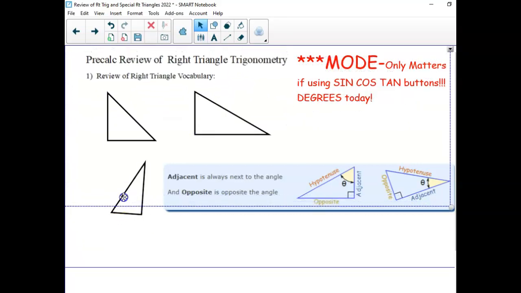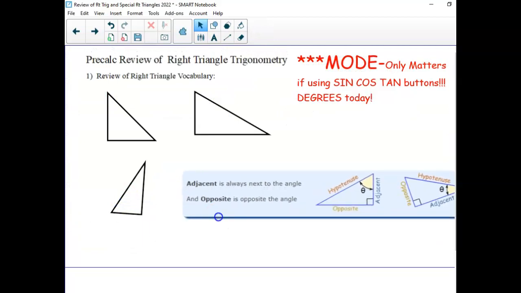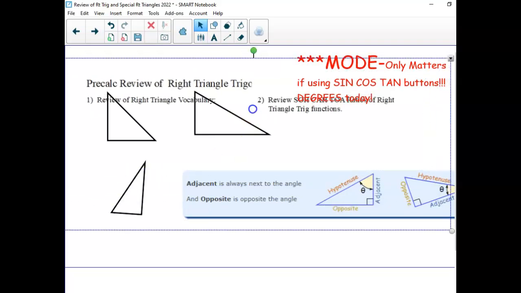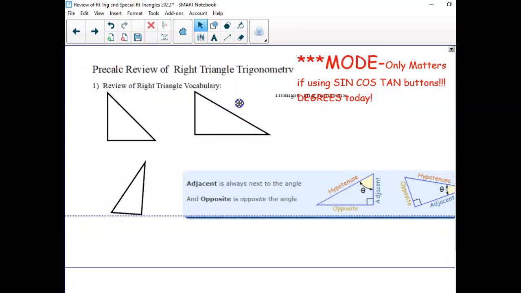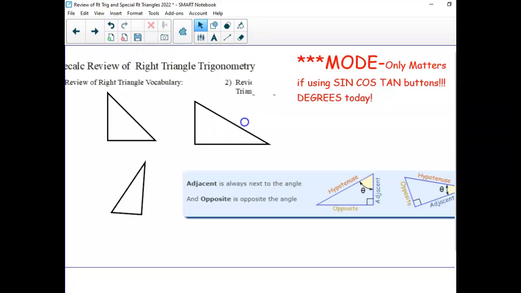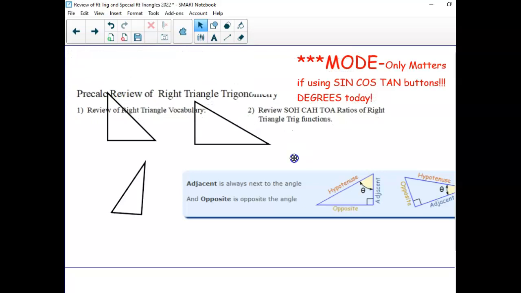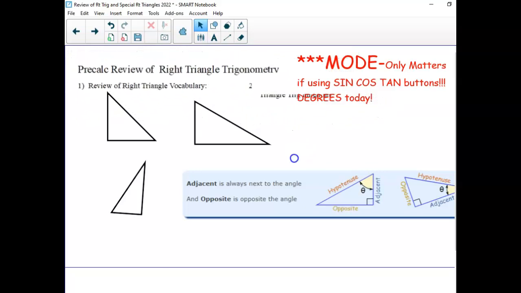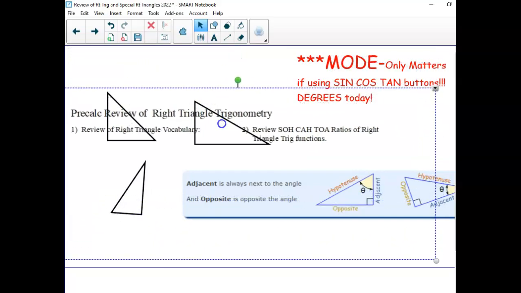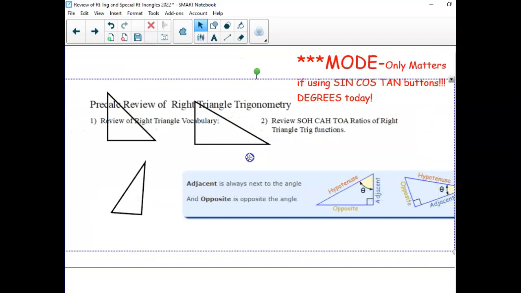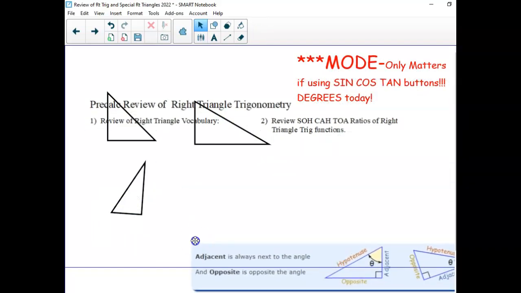What's going on? Please stop moving things. Okay. I don't know what's happening. Hang on 1 second. I need to get a pen.